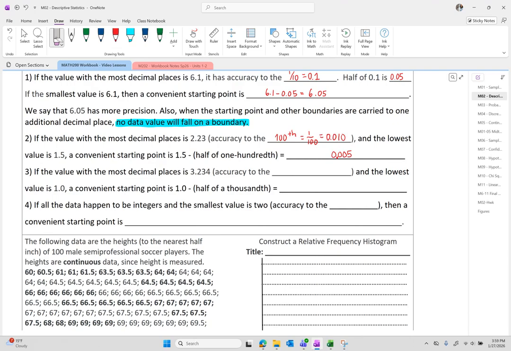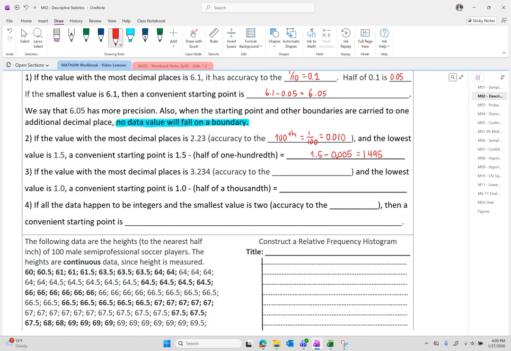And then this will be my accuracy, and it will be subtracted from the minimum data value. If the minimum data value is 1.5, then my starting point will be 1.5 minus 0.005, and that will equal 1.495 will be my lowest data value.